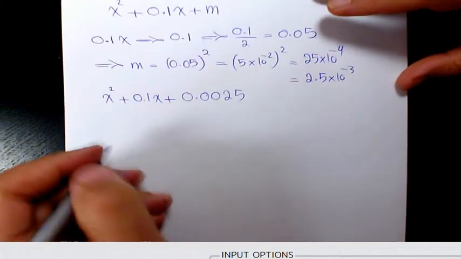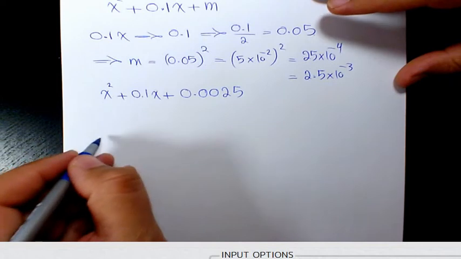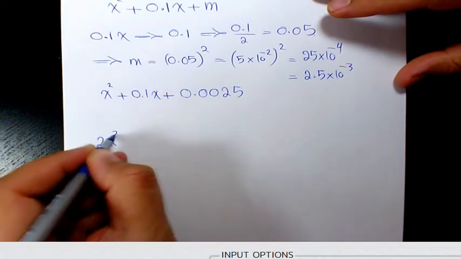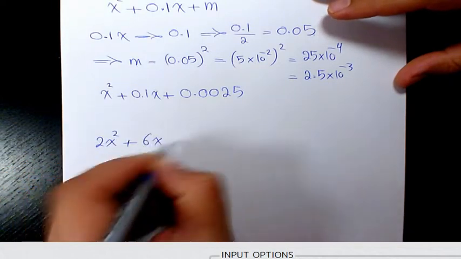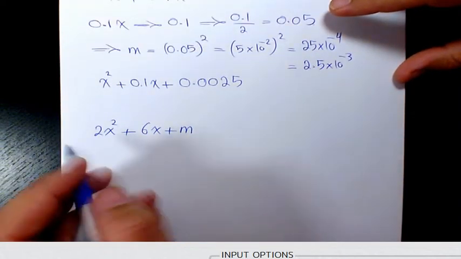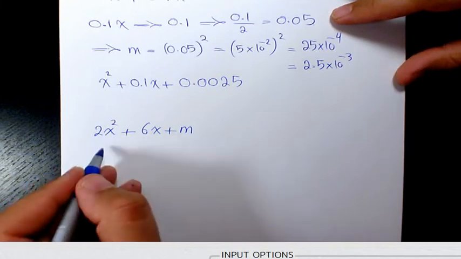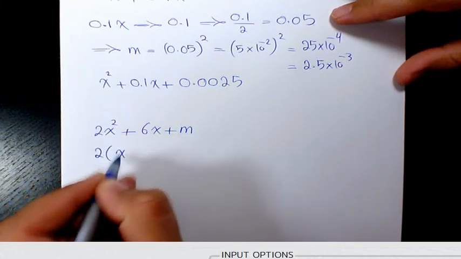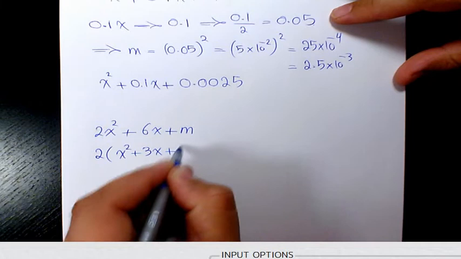Next example, 2x squared plus 6x plus m. What is going to be the value of m? We're going to factor 2. It's going to be 2 times x squared plus 3x plus m over 2.